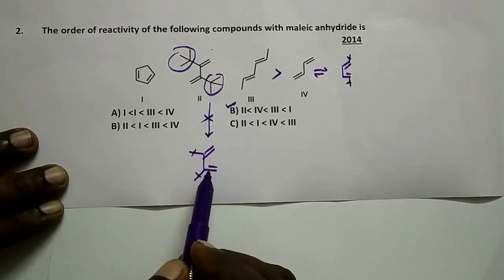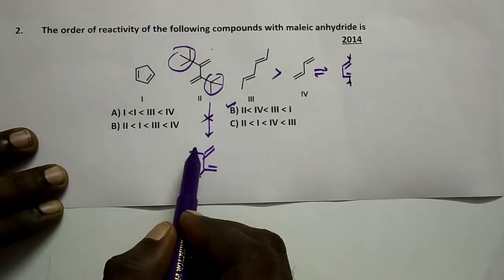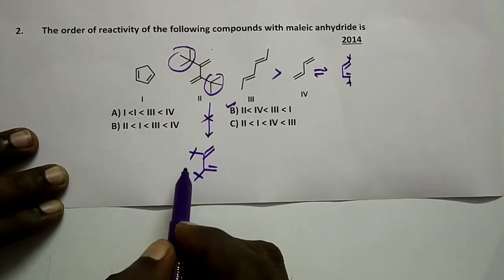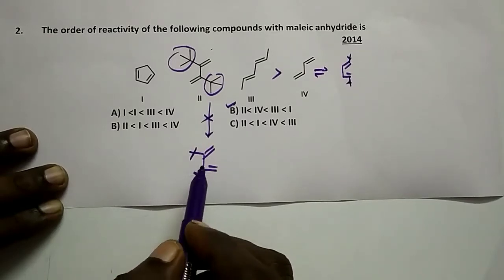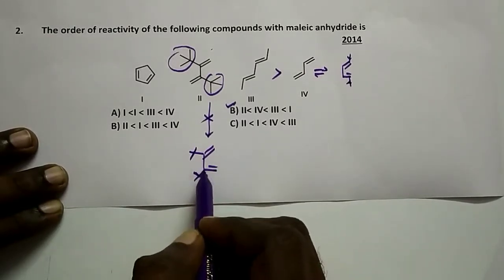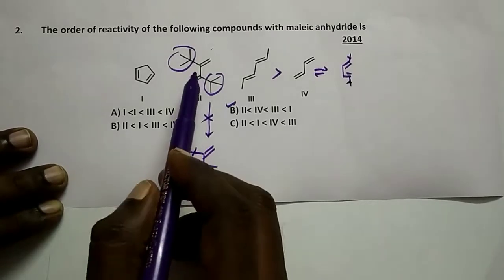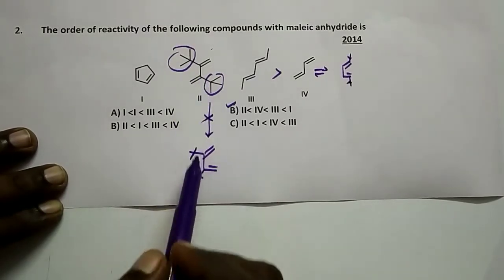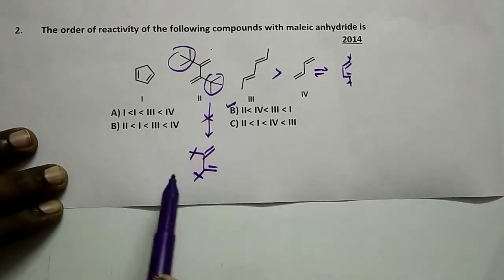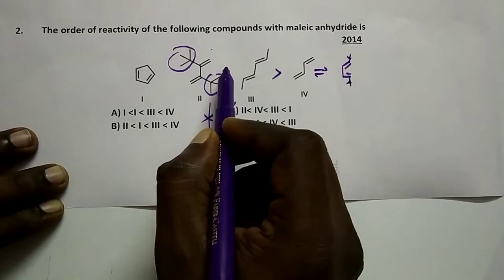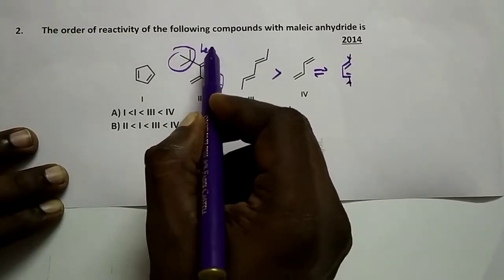Even if it turns into cisoid, this bulky group creates hindrance and strain here, so the planarity of these two pi bonds will be affected. This one is very much unreactive because of these bulky tertiary butyl groups, so it should be the least reactive.